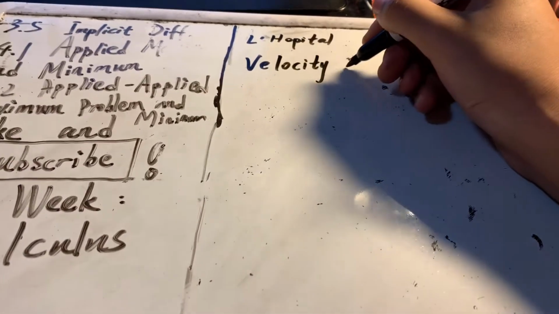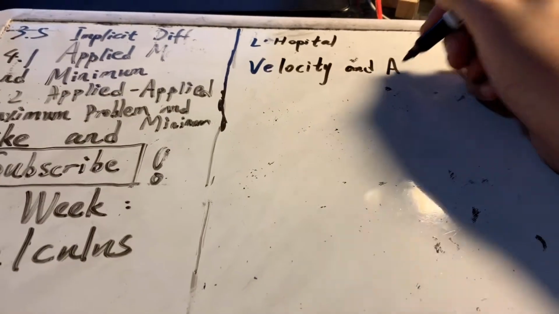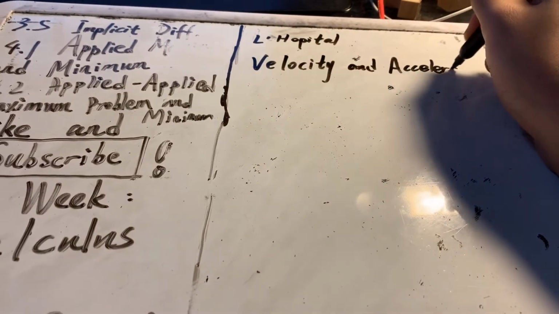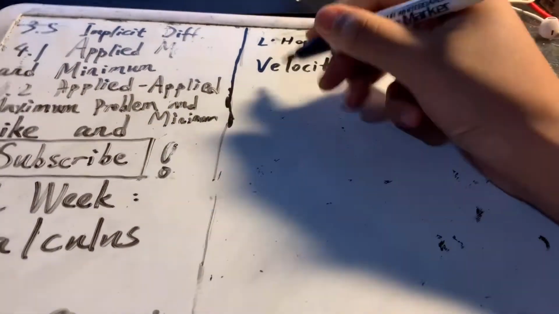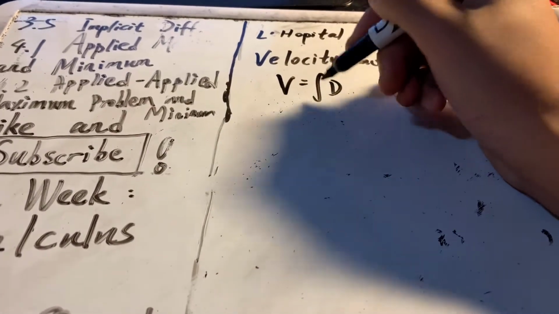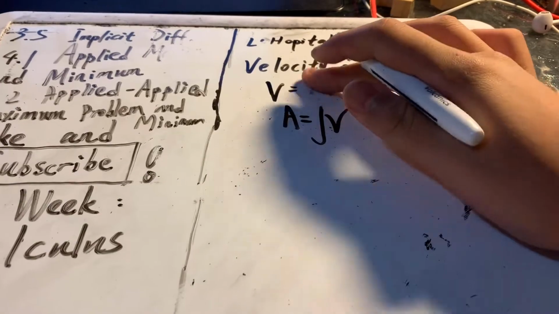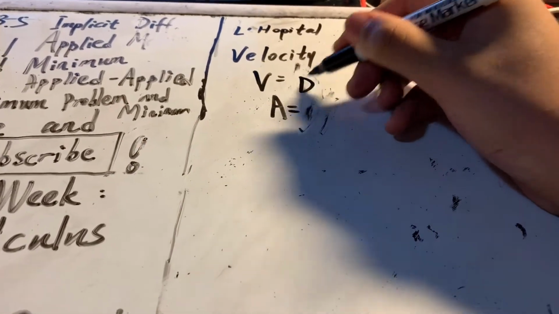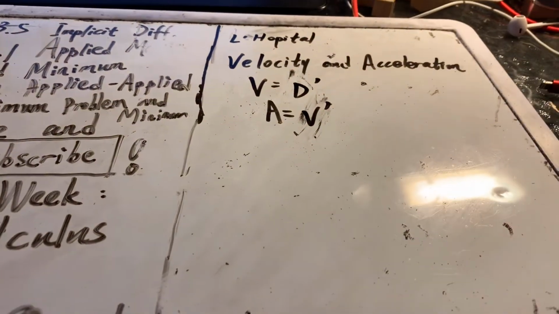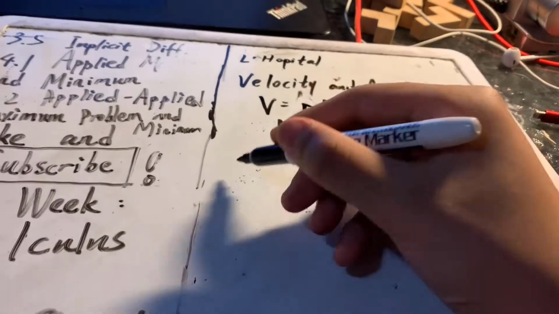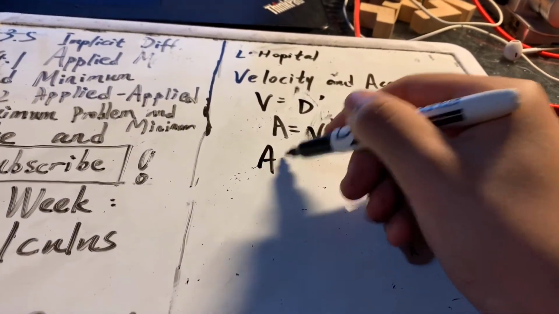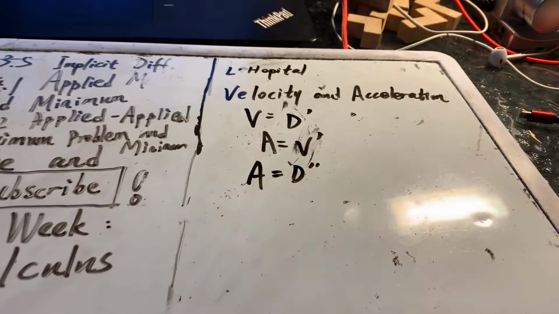This is just a formula. Velocity is equal to the derivative of distance, and the acceleration is the derivative of velocity. Sorry, not the integral, the derivative. So a is equal to the double derivative of d.